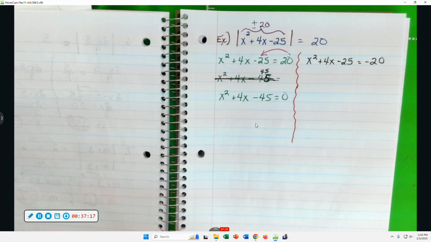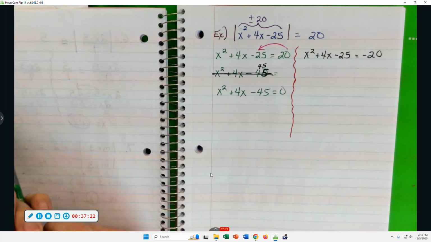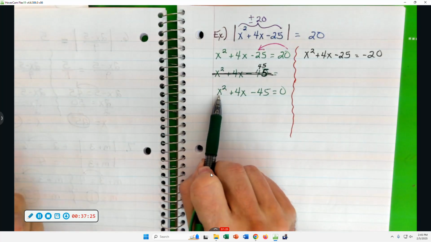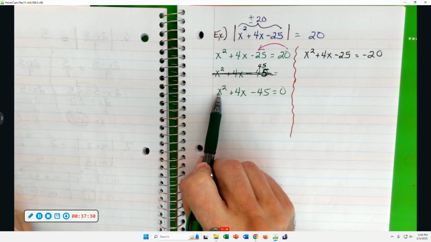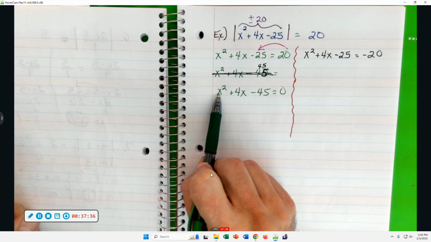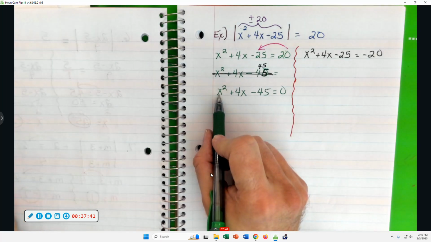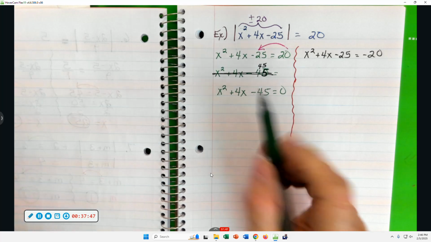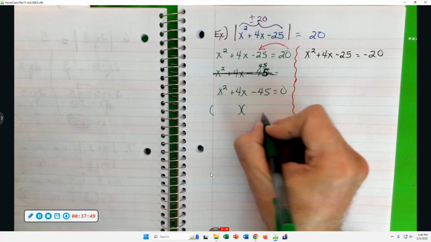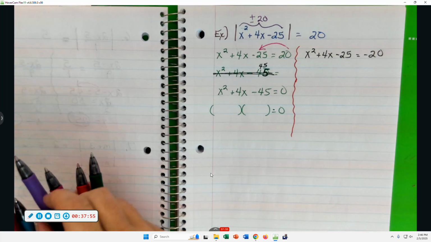So now we're going to solve this by either factoring or the quadratic formula. I'm going to use factoring because what do we call those trinomials where there's not a number, just a 1 in front of the x squared? They're easy to factor. What are they called? Another word for easy starts with S. Simple trinomials. So it's going to be x and x. The last sign is minus, so it's going to be a plus and a minus. We need numbers that multiply together to give 45.